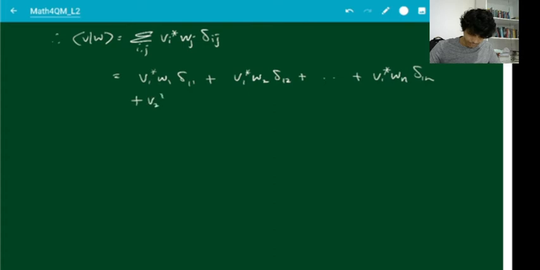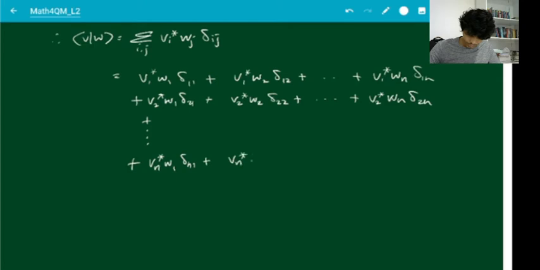And then 2 and 1, 2 and 2, 2 and n, and then so on till n and 1, n and 2, all the way till n and n. But you will see that whenever the two indices are not equal, the delta is going to become 0.